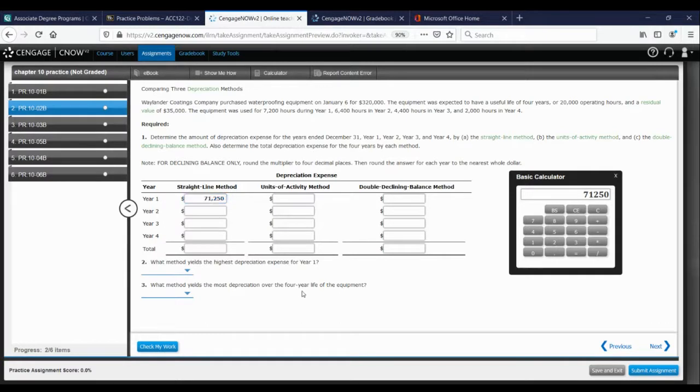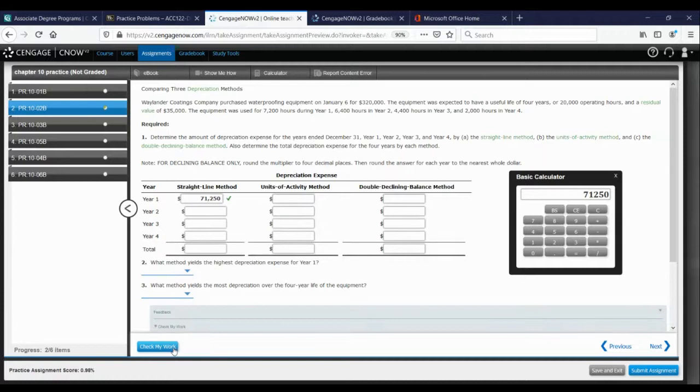And again, this is the depreciation amount for the entire year. $71,250 would be the depreciation for year 1. In year 2, under the straight line method, the depreciation amount will be equal. So in year 2, it's also going to be $71,250.